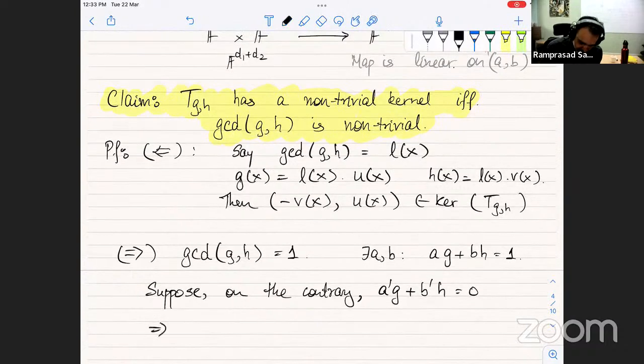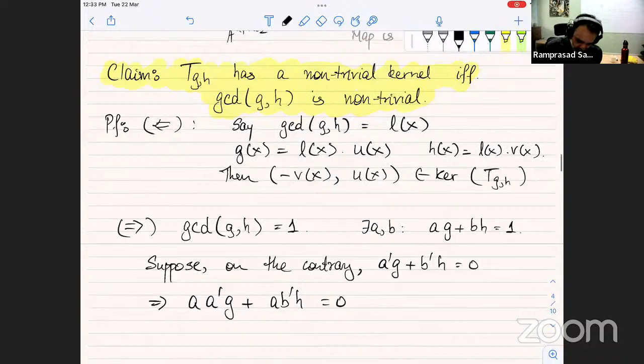So this implies that A prime AG plus A B prime H is also equal to 0, because it's 0 times A, so it's equal to 0. And what is this equal to? I know that AG equals 1 minus BH. So I'm going to write this as A prime into 1 minus BH plus A B prime H. This is equal to 0.